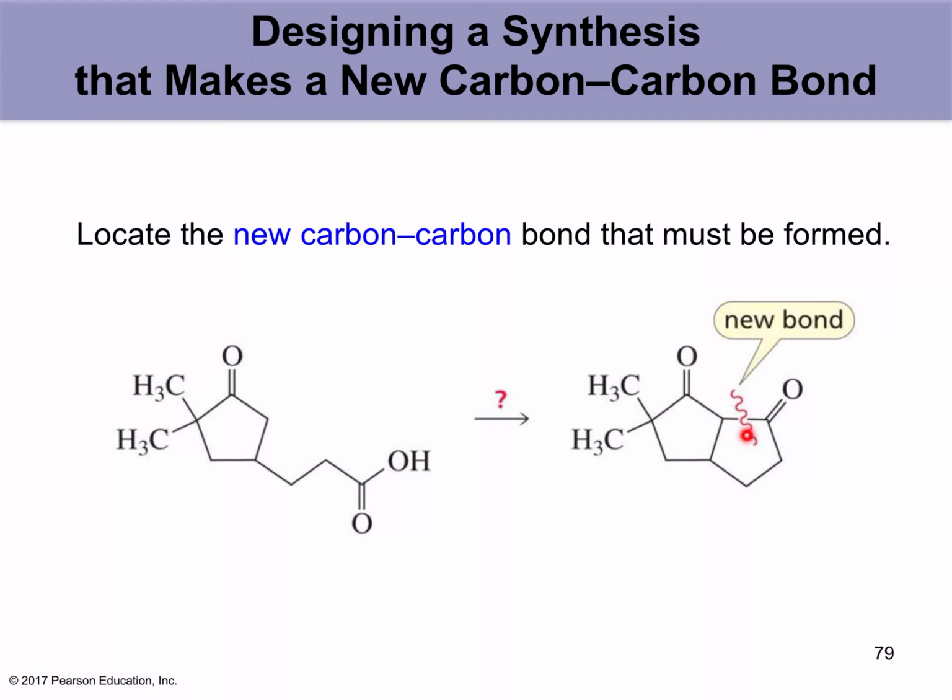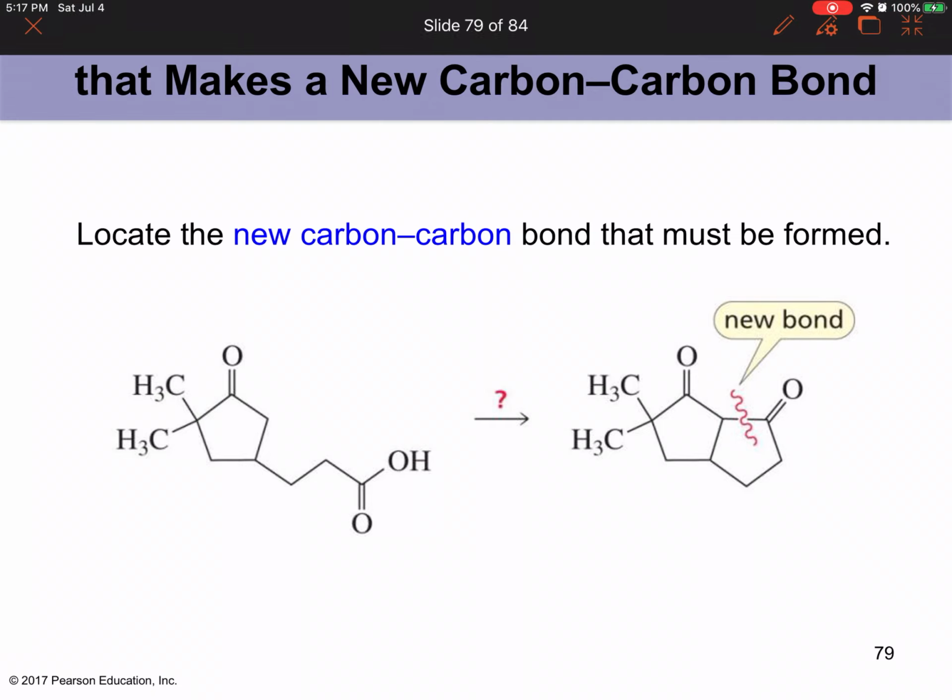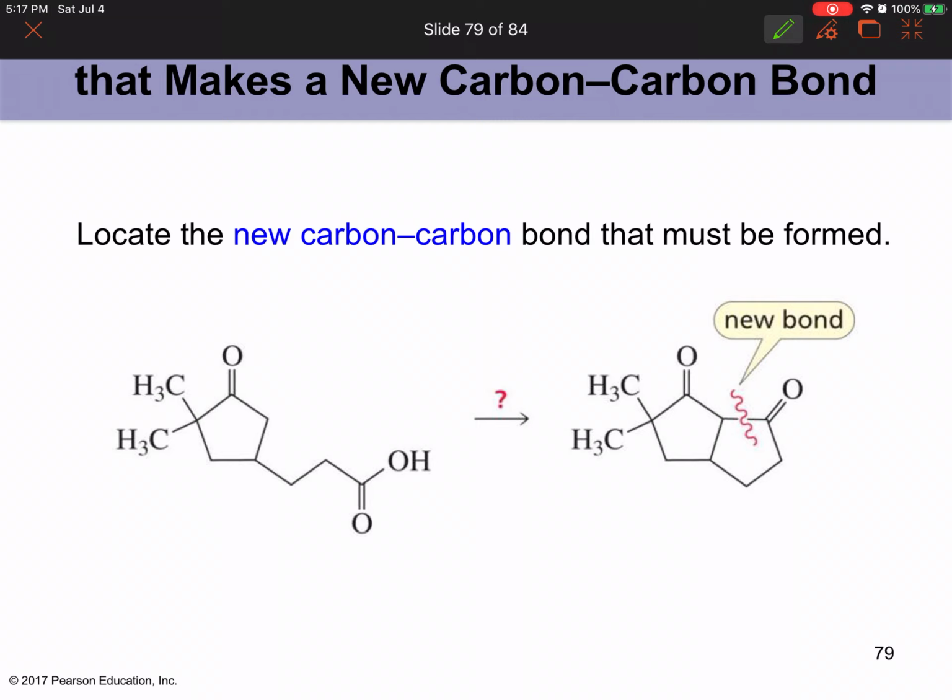So if you break from here, what's going to happen? We can number them and see what is happening. Number 1, 2, 3, 4, 5, 6, 7, 8. You are breaking 1 and 8.